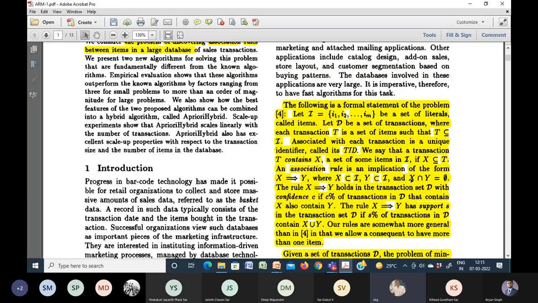Or in other terms, we say support is 20, that means at least 20 cases these things are there. So that is the support.